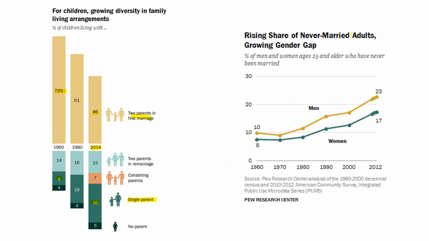Here are the never-married adults, and there's a little bit of a growing gap there between men and women as well. But the main thing is that, yes, there is an increasing trend, most significantly since the 1960s, in those who have never been married at any given time.